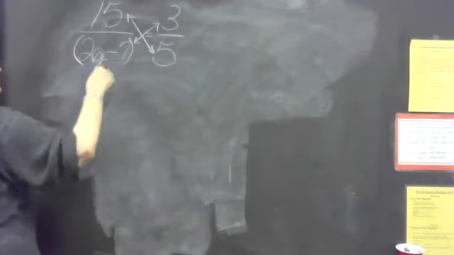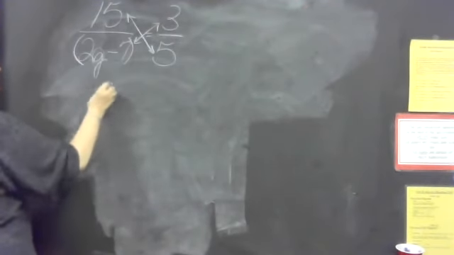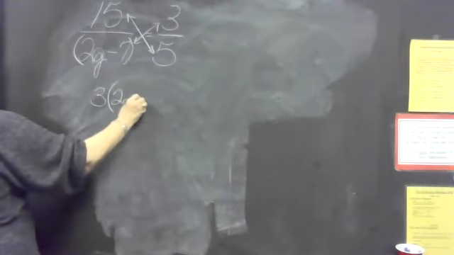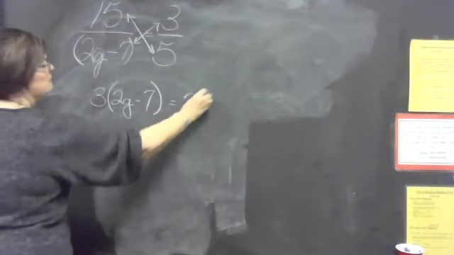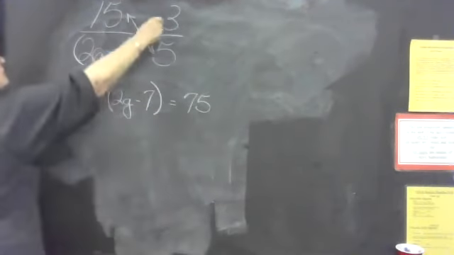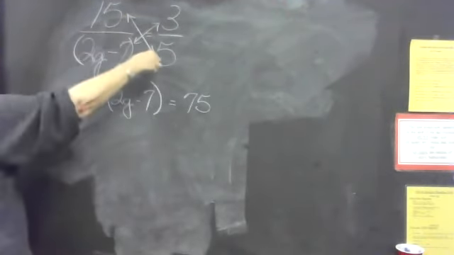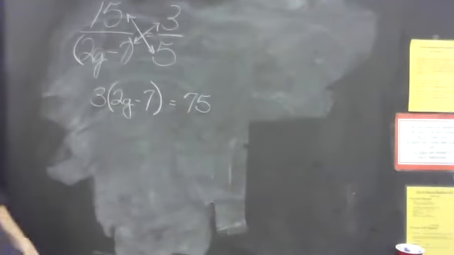Because that's the set, I just give it out of the way. Times the set. This has to be equal to what you get when you multiply it. Good, so far. Tell me what to do.